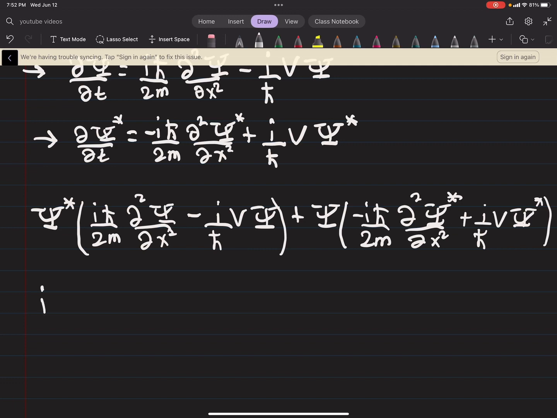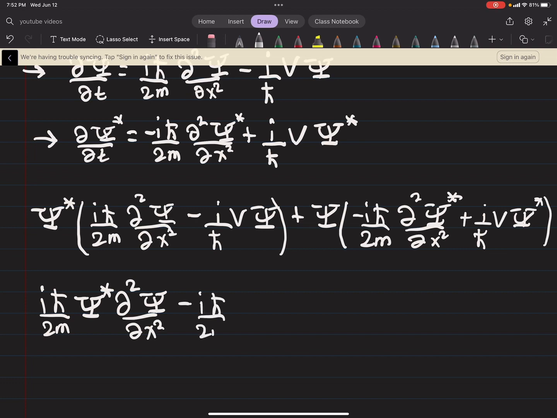And then we can distribute and group things together. So we have i h bar over 2m, psi star times the second derivative of psi with respect to x. And then if we did that over here, you would get minus i h bar over 2m, psi times the second derivative of psi star with respect to x.